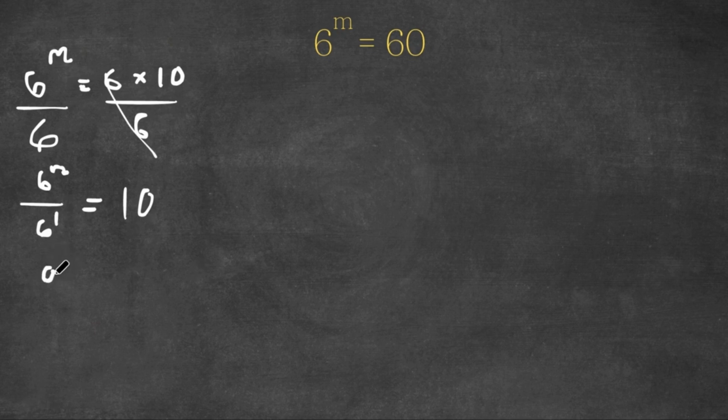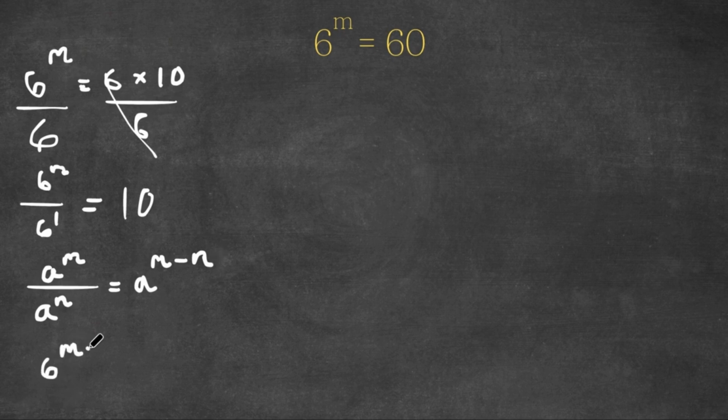If we have something in the form a^m over a^n, this is equal to a^(m minus n). So 6^m over 6^1 would equal 6^(m minus 1). And now this is equal to 10.